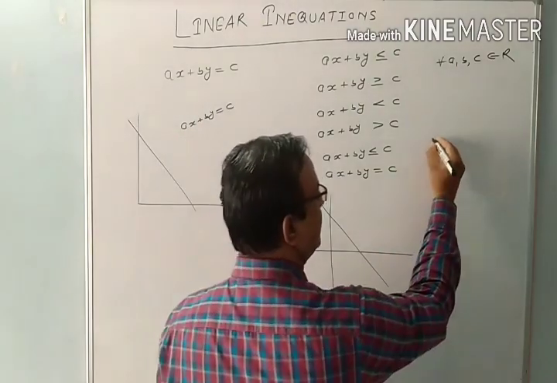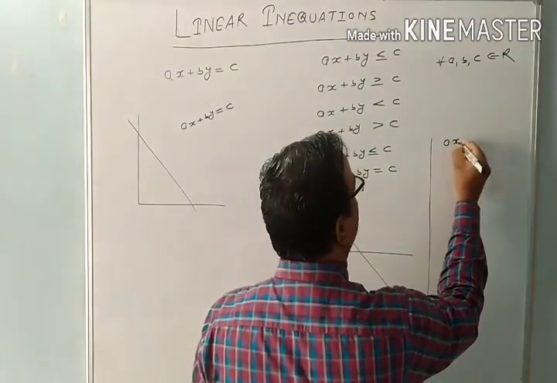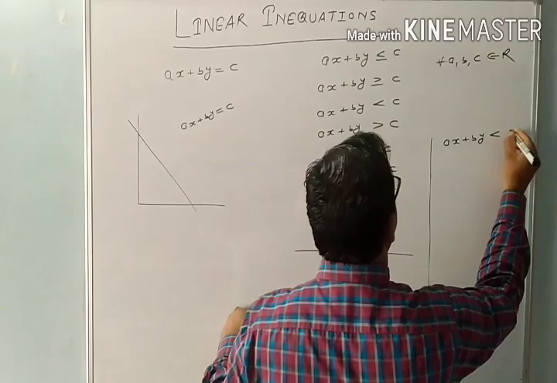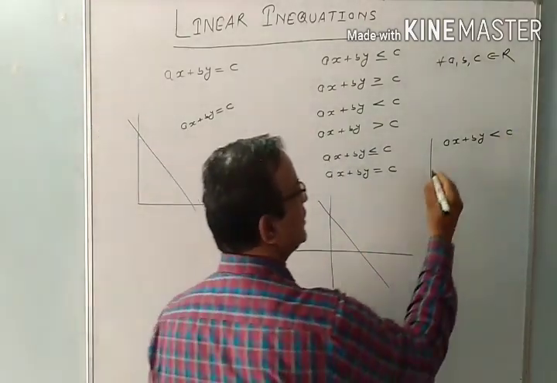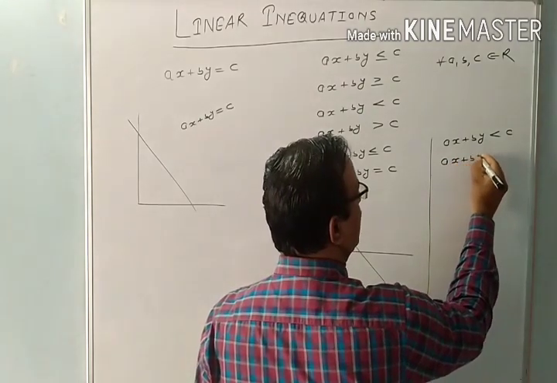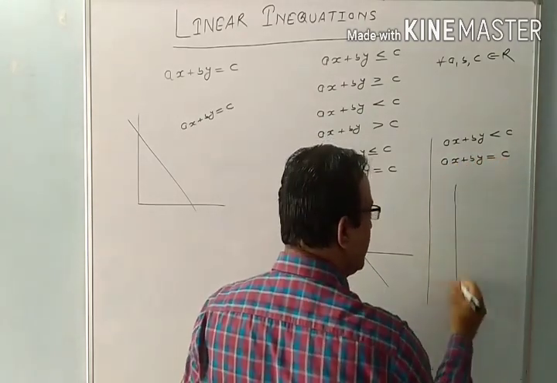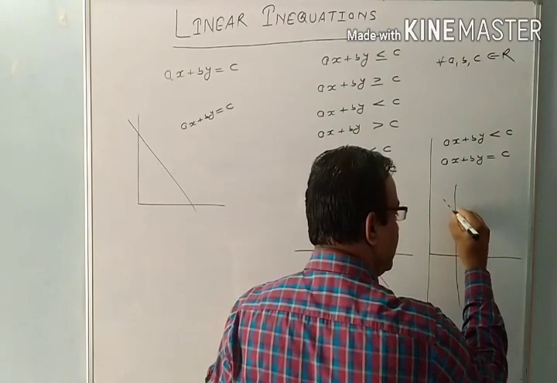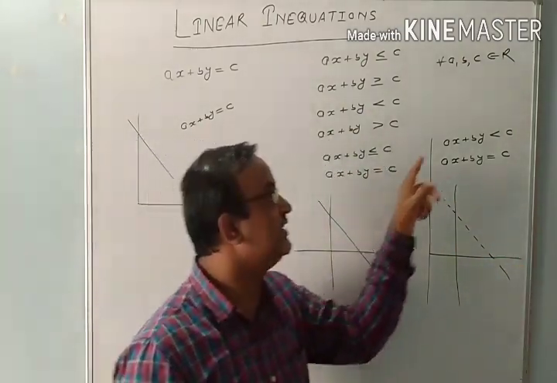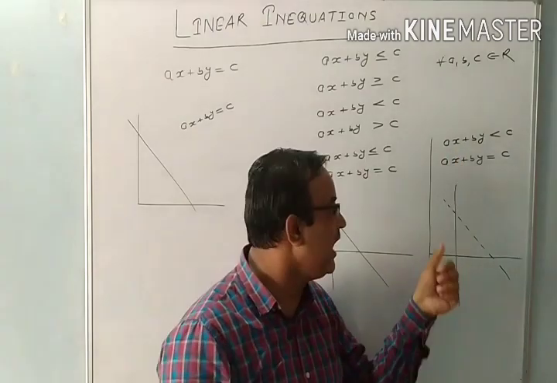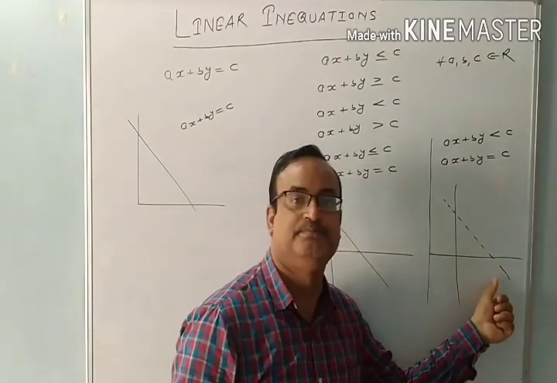And if the inequation is in the form of ax plus by is less than c, not equal to c, in that case, first of all we will convert it into the corresponding equation, but when we draw the line it should be dotted. That means the solutions of this linear inequation are not on the line.